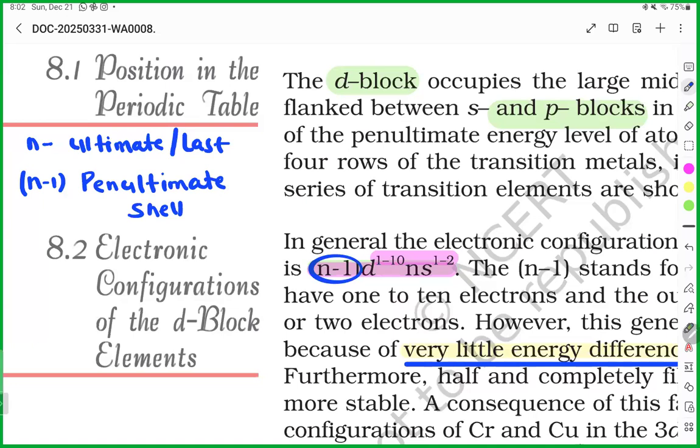Penultimate means before the last shell. n is ultimate, one before that is penultimate. Any doubt? Because d can have a maximum of 10 electrons, the d electrons here could be 1 to 10, anything. And in the case of s, it could be 1 to 2. Why? Because usually s will have 2 electrons in this situation.